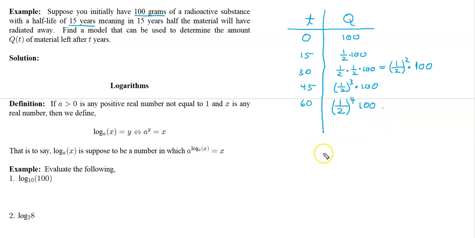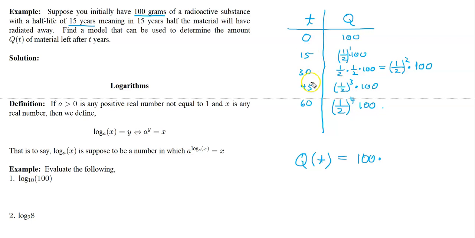Now we want to come up with some type of equation for the amount of material Q as a function of time t in years using the information that we have up here. Well, notice the amount of material that we have after time t is going to be 100 times 1/2 to some power. Here we have 1/2 to the 1 power, 1/2 to the 2, 3, 4.